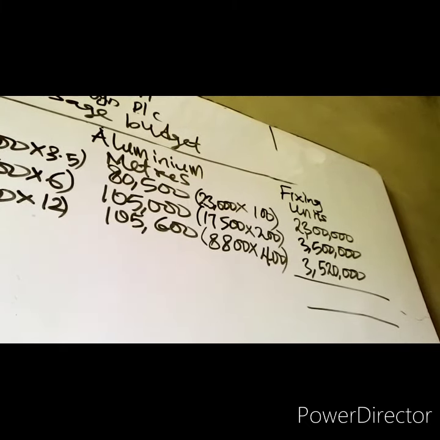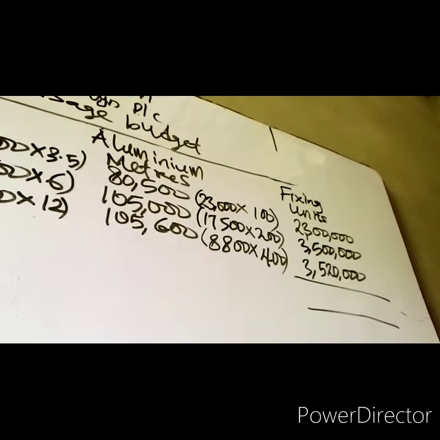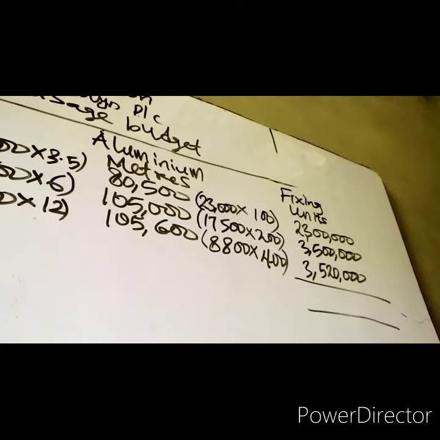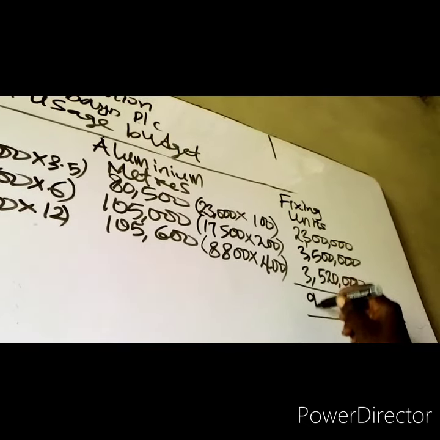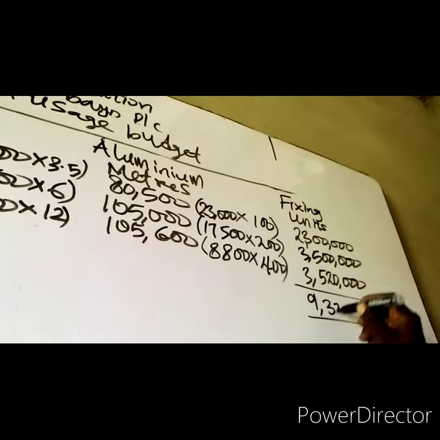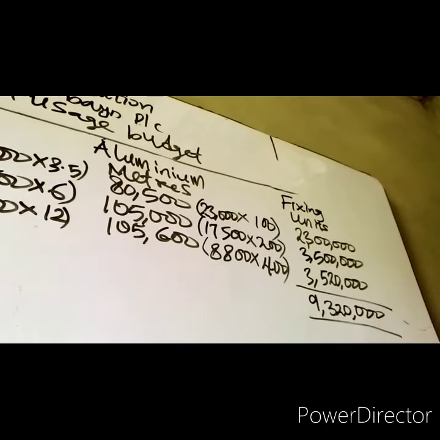Then 2.3 million plus 3.5 million plus 3,520,000. The expected usage for fizzing is 9,320,000.